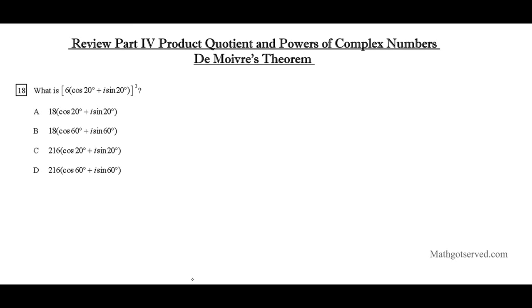To do this, we're going to be applying De Moivre's Theorem. Let's write down what the theorem is first. We have a complex number, r cosine theta plus i sine theta, raised to the nth power.